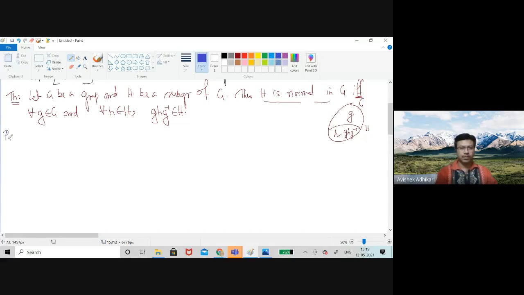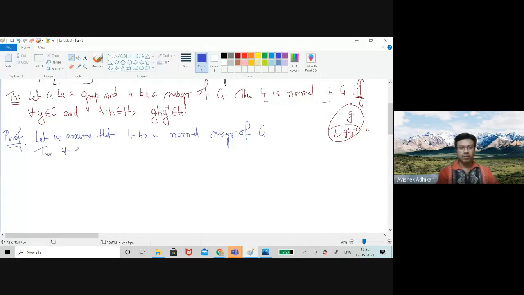Okay, how to prove? So first, let us assume that H is a normal subgroup of G. Then what does it mean?